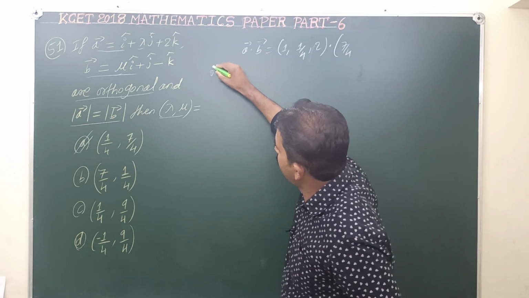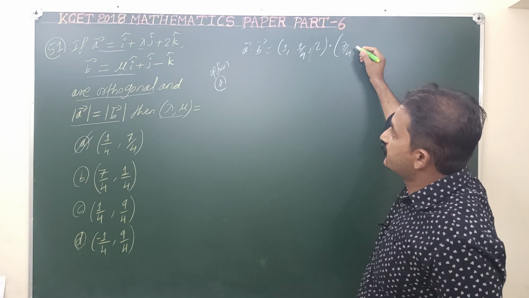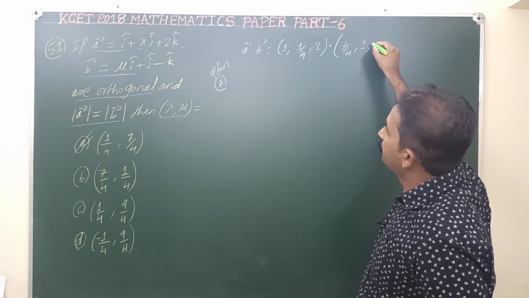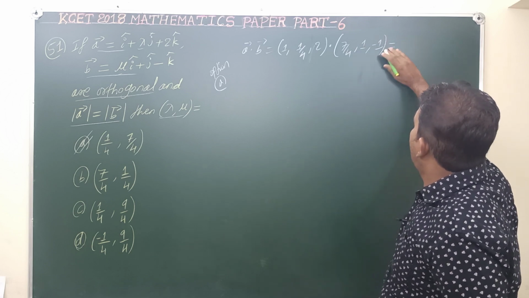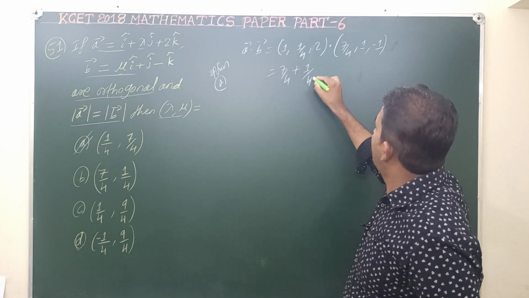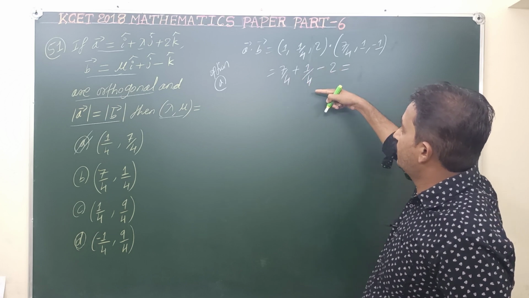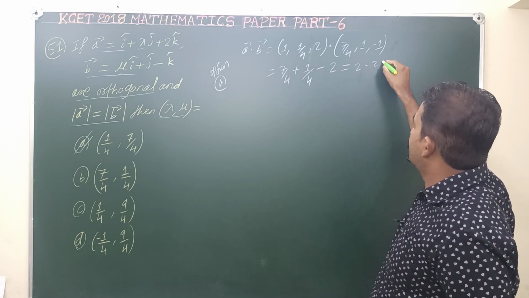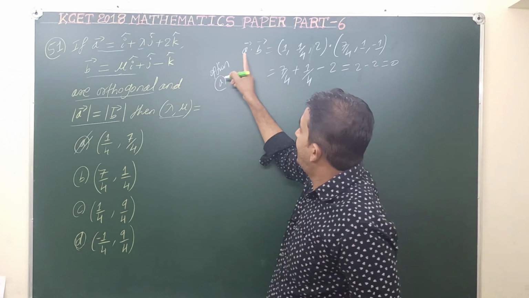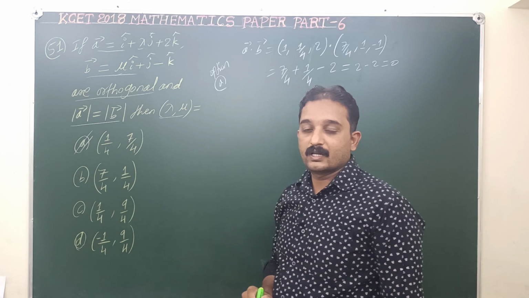So we take option A, 7 by 4, 1, minus 1. So 1 into 7 by 4, 7 by 4 plus 1 by 4 minus 2. So 7 plus 1 is 8, 8 by 4 is 2, 2 minus 2 is equal to 0. Hence A dot B becomes 0. Both are orthogonal, the orthogonal condition is satisfied.